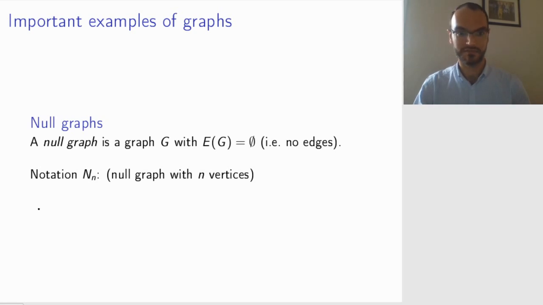So, for example, N3 would be just this graph with 3 vertices. So, not a very exciting graph, but still it's important to have knowledge of the trivial notions. This graph is completely determined by the number of vertices it has.